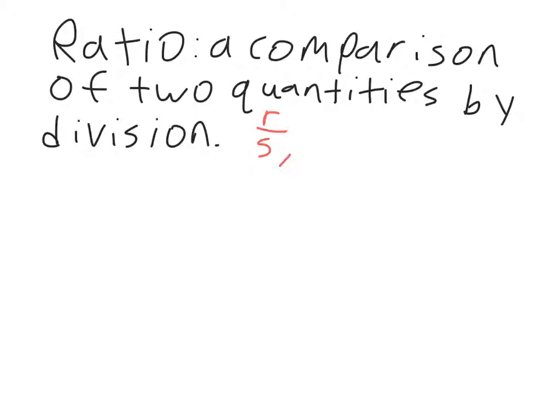Another way you'll often see is with a colon in between them. So, r colon s. Or, they'll just say exactly what it stands for, r to s. So it's the ratio from r to s. What is the ratio between them?